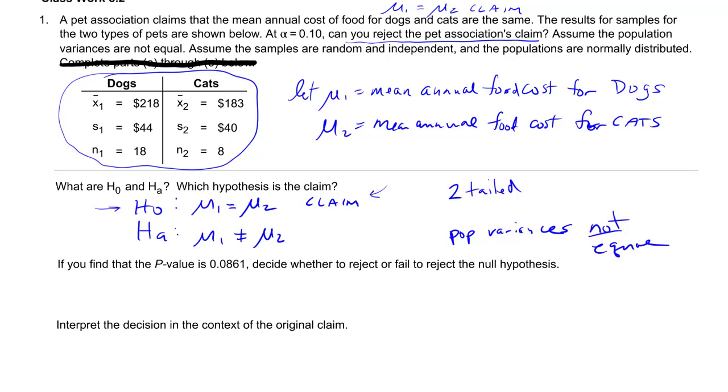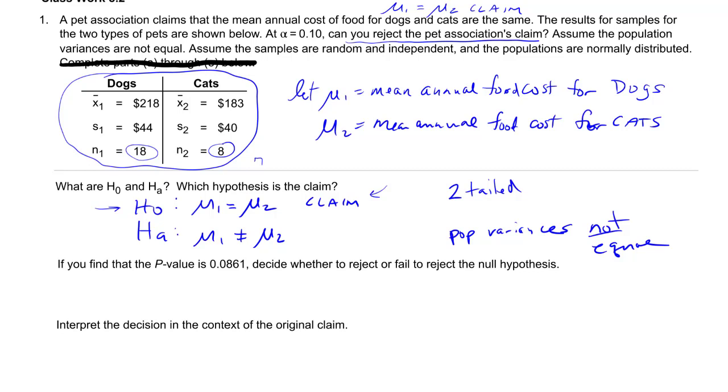Note that they are telling us that the population variances are not equal. So in that case, we'd be taking the degrees of freedom as one less than the smaller of these two. So our degrees of freedom would be 7 in this case. And then we would use those other values to make our calculations.